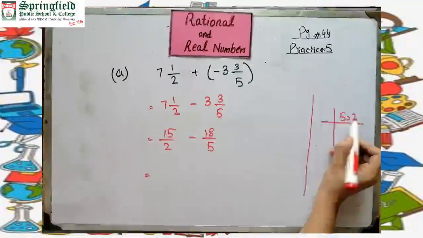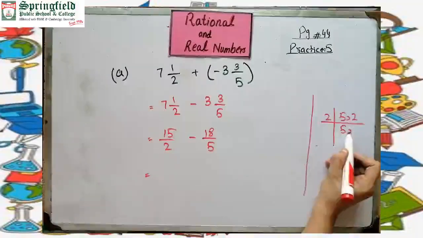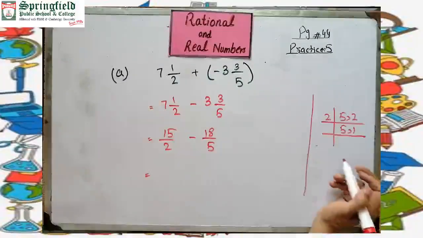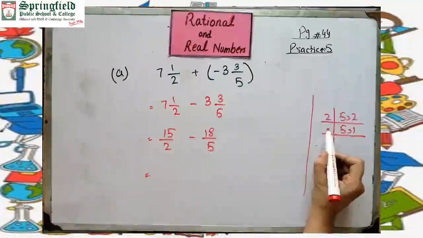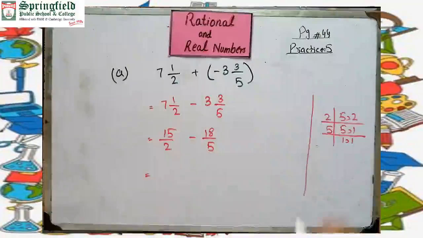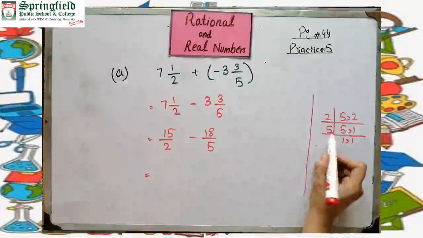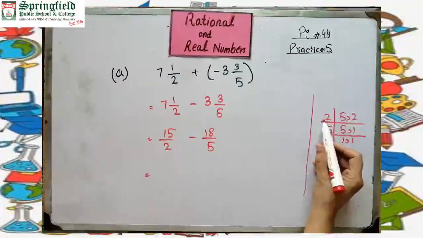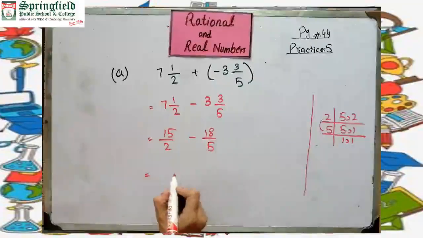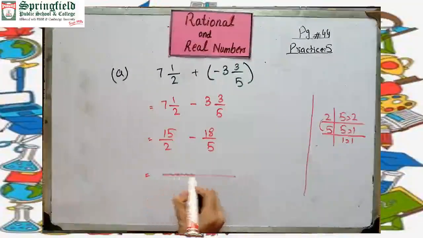As we know how to find the LCM of 2 or more numbers, 5 ones are 5. When 1 comes at the end, we will stop here. So 5 2s are 10, the multiplication of factors. It means 10 is the LCM.